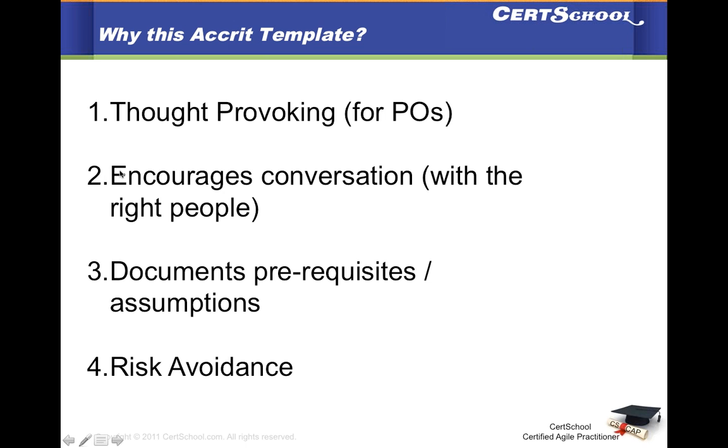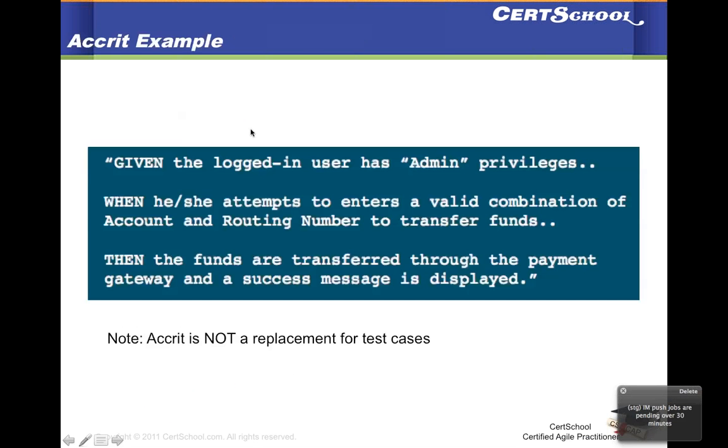Another question: the difference between acceptance criteria and test cases. Aren't they both the same? Acceptance criteria and test cases are two different things. Let me give you an example. Going back to the example that I have in the presentation, if you look at this particular scenario, a test case is a very detailed expansion of the scenario.